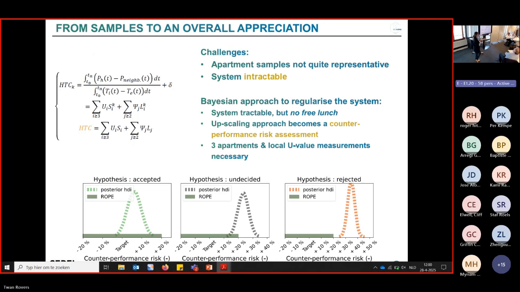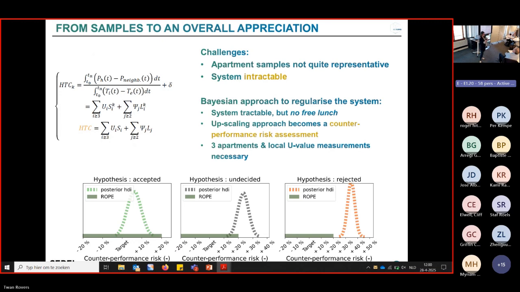And then, assuming you have 1, 2, 3, maybe 4 apartments' HTC that you've performed in winter, how can we say this is representative of the entire envelope? I just said we can only measure corner units.